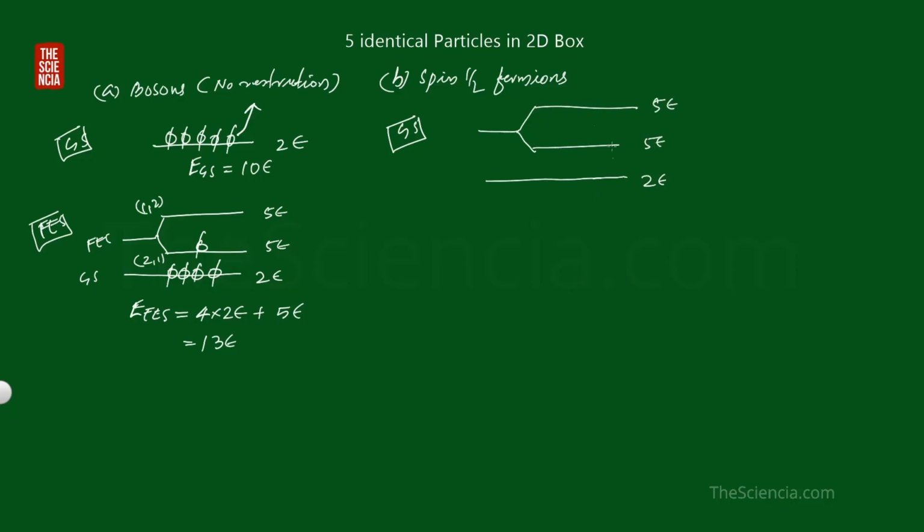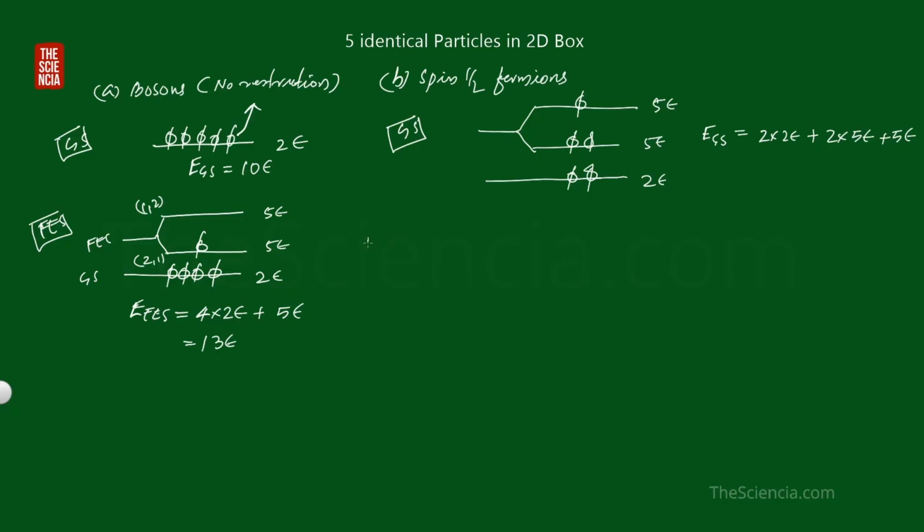So by Pauli's exclusion principle, the maximum number of spin half fermions in each state is 2. Okay, so 2 will be here, 2 will be here, and the remaining 1 will be here. So the ground state energy is equal to 2 into 2e plus 2 into 5e plus 5e.